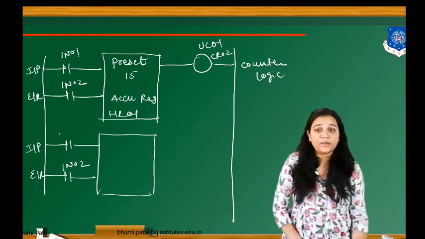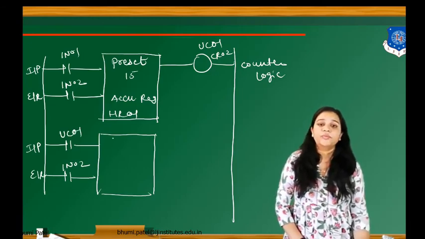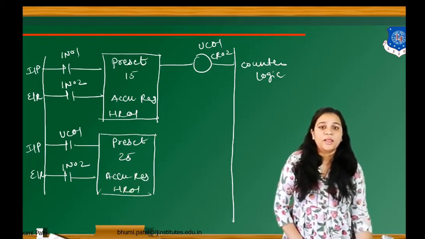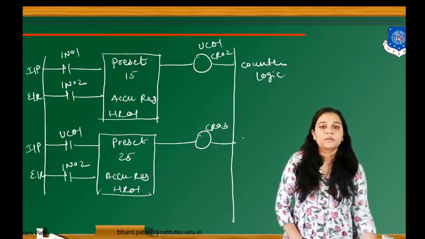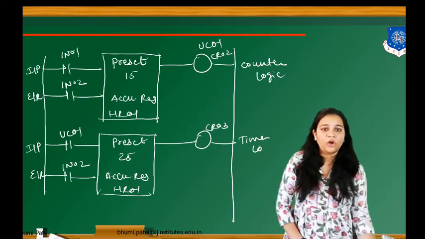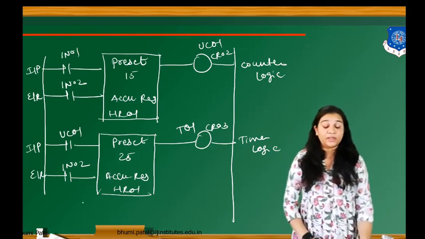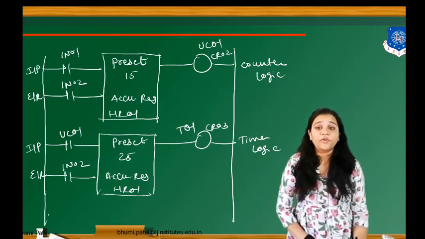So we can take the output of the first rung as the input of the second rung, and the preset value for the timer is 25, and the accumulator register that we have to take is HR01, and this is my output of this timer logic. Okay, T01. Okay, so after the 15 count is reached, my timer will run for 25 seconds.